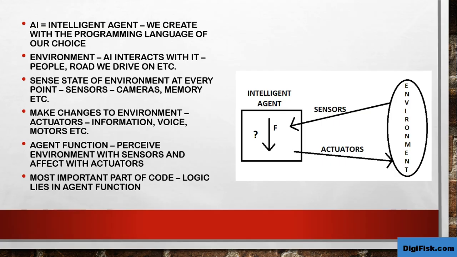Okay, so once you create the agent function, you just have to dress it up to create a beautiful looking software, or the dressing up in case of robots will be the hands, legs, and so on and so forth. But the brain of that is the agent function. Okay, so once you know how to create the brain, you can easily create the body parts. That's something that's already out there. The brain part of it, that's what you need to create.